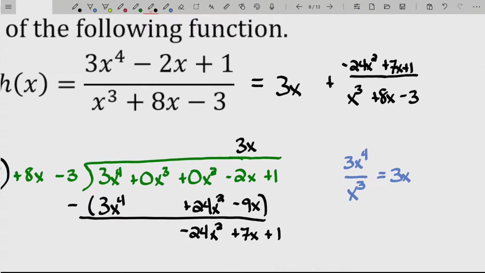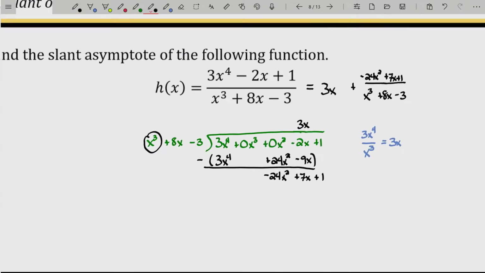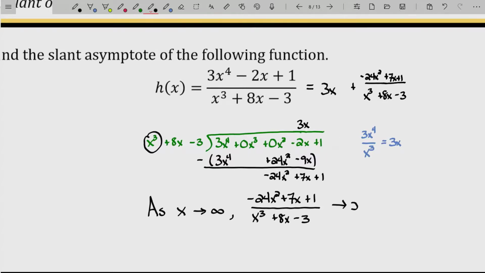Now, as x gets massive, this is why I'm justifying why the slant asymptote is actually 3x. As x gets huge, that remainder over divisor, because the power in the denominator is greater than the power in the numerator, will tend to 0. That's just because as x gets huge, the denominator is more powerful.